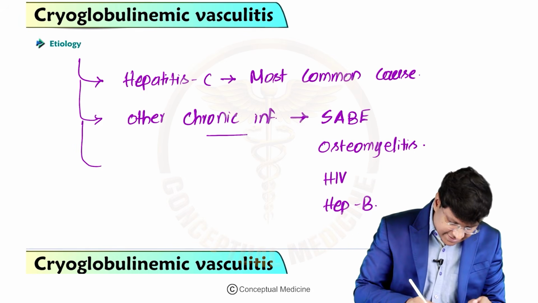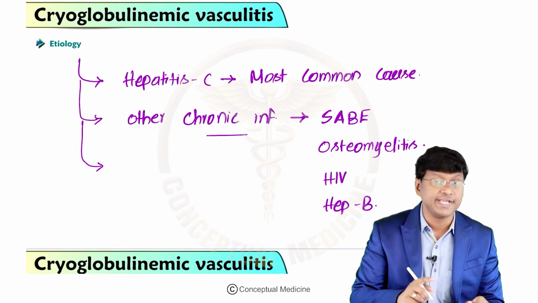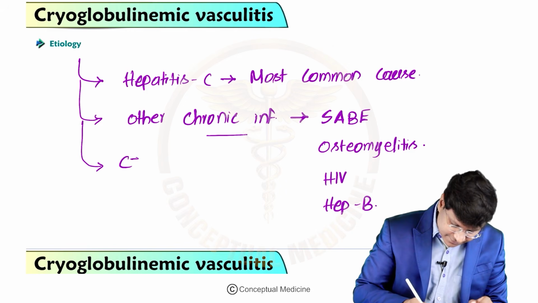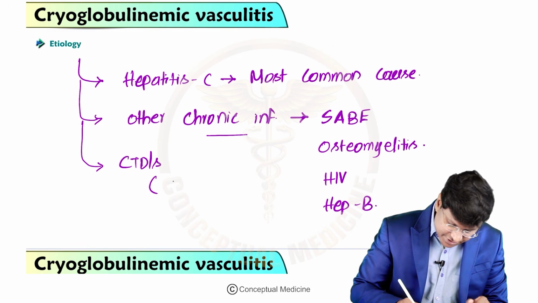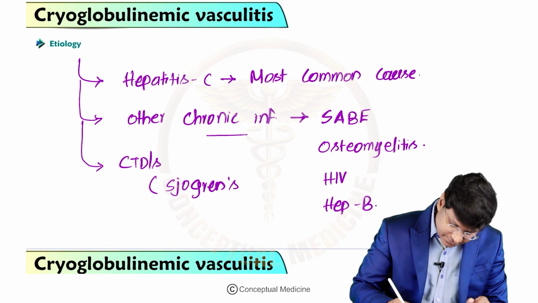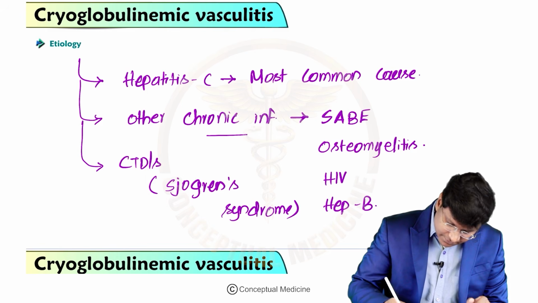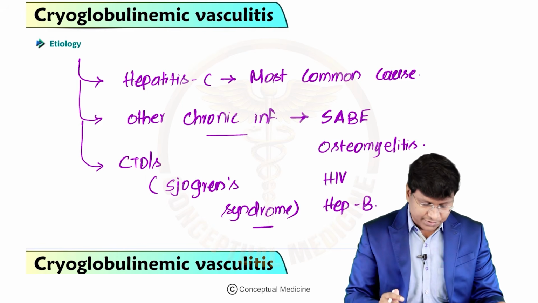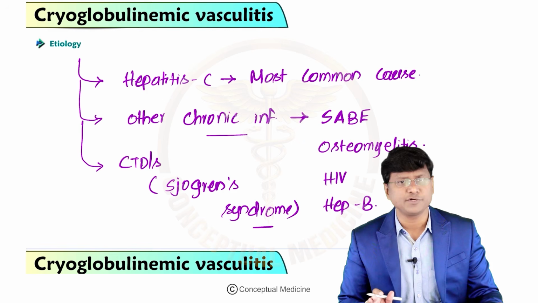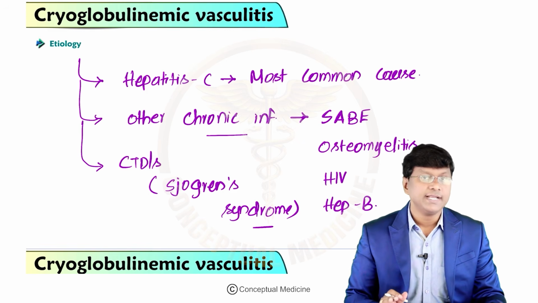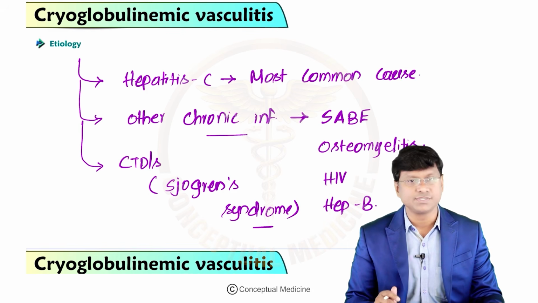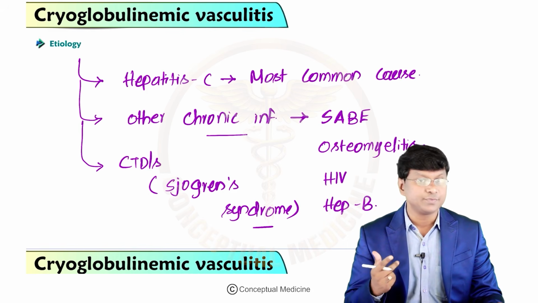And what are the other connective tissue diseases? Especially Sjogren syndrome. Next, we have three types of cryoglobulins: type 1, type 2 and type 3.